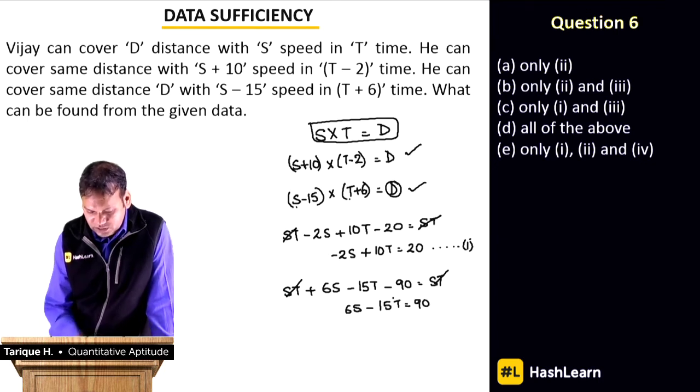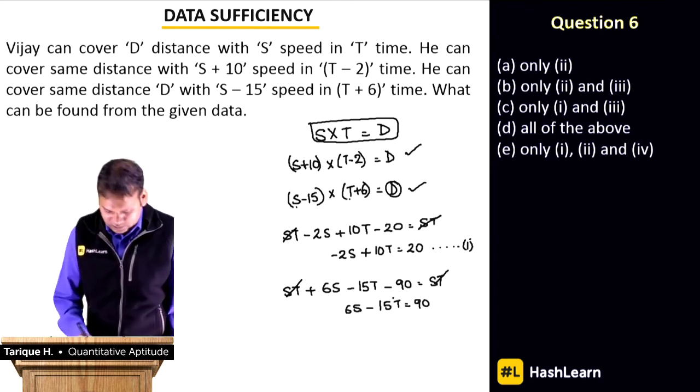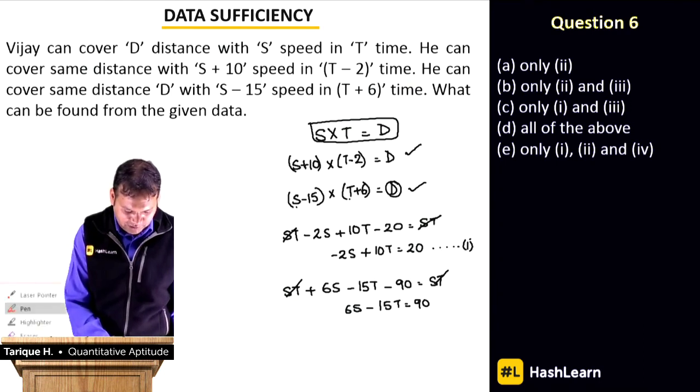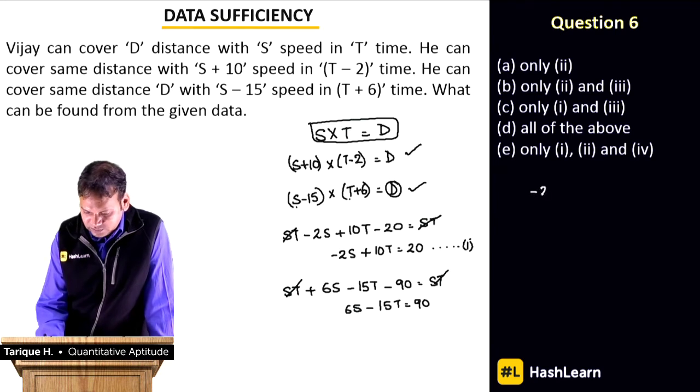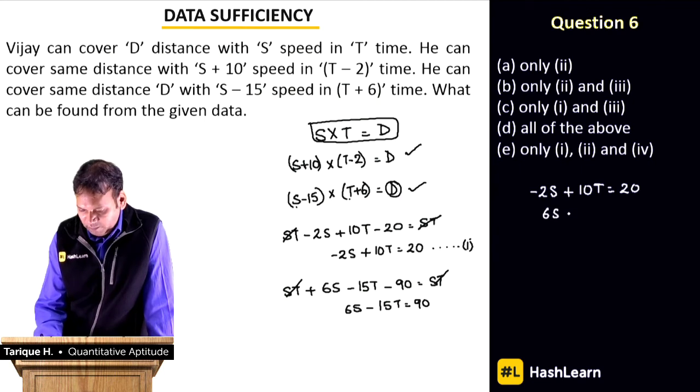So we get two equations here. One is minus 2S plus 10T is equal to 20, and the other one is 6S minus 15T equal to 90.